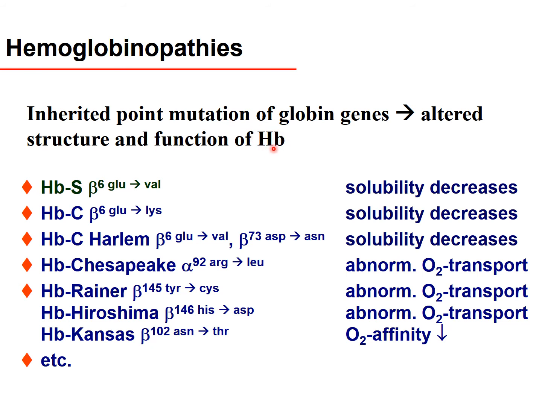The most famous one is the sickle type, hemoglobin S, where we have a point mutation in which glutamic acid is mutated to valine. And what will happen? The solubility is going to decrease. But there are zillions of hemoglobinopathies that usually alter the solubility, or the abnormal oxygen transport or affinity is altered. Let's focus on hemoglobin S, or sickle cell anemia.